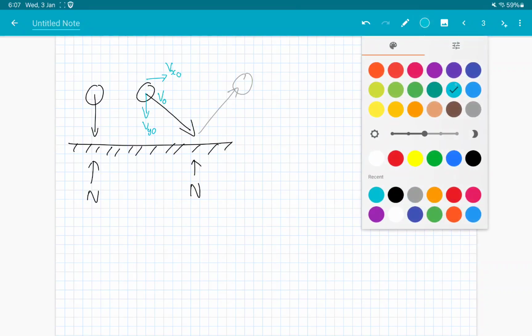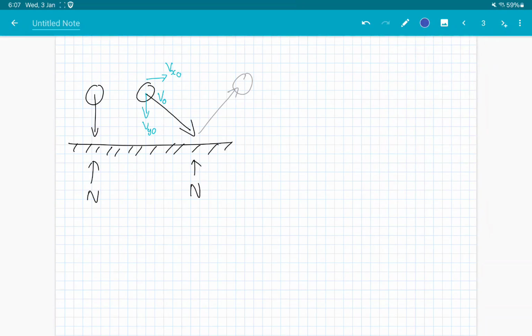So now what happens is that your ball, once it bounces, moves at two different velocities. It's going to move at v1, but you have vy1 and you have vx1.